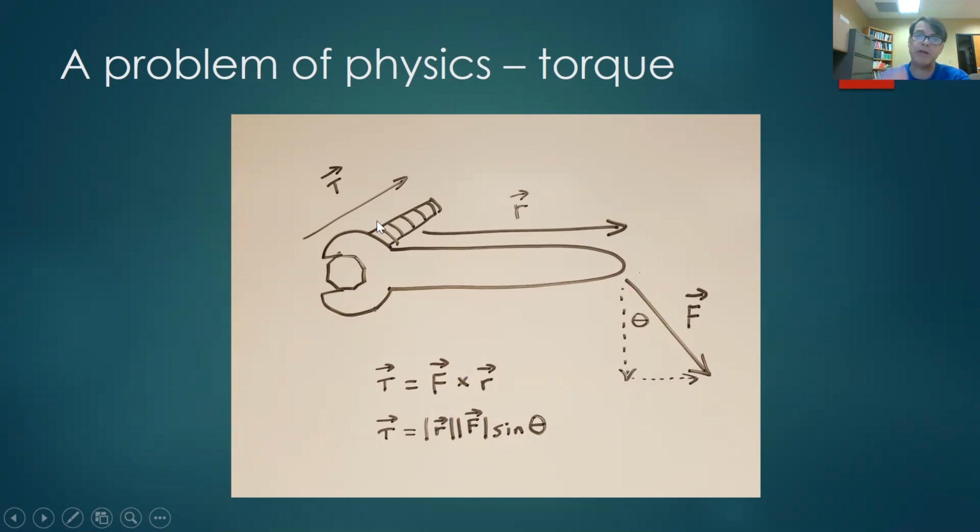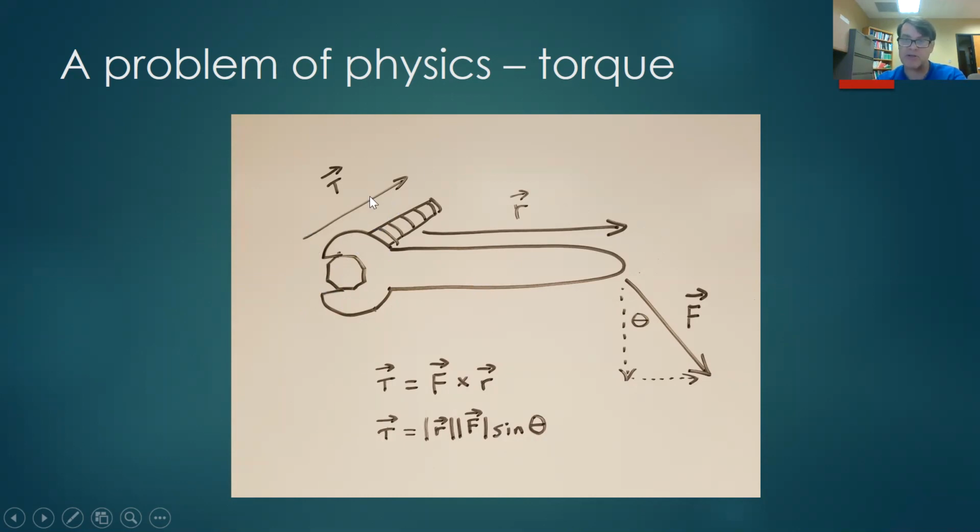Cross products are always a three-dimensional thing. And since it's a vector, it's going to have a direction. The direction is into the page, into the screen.